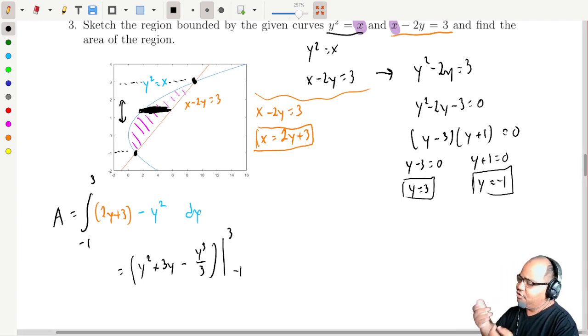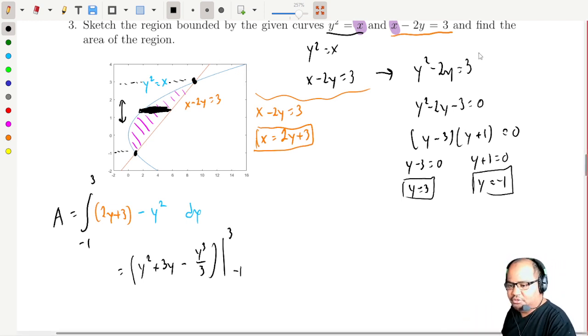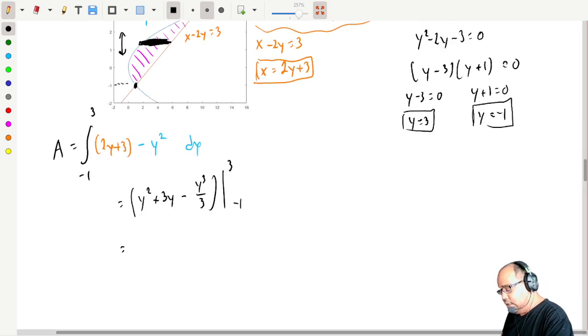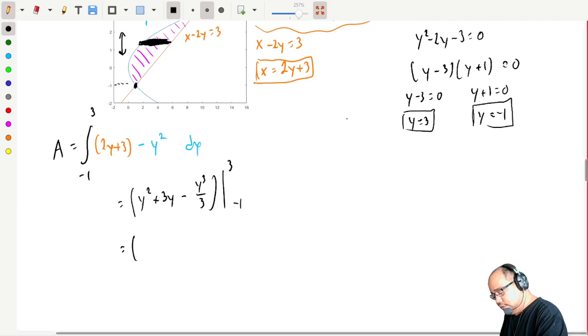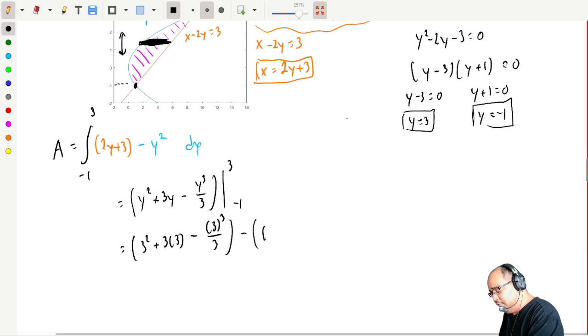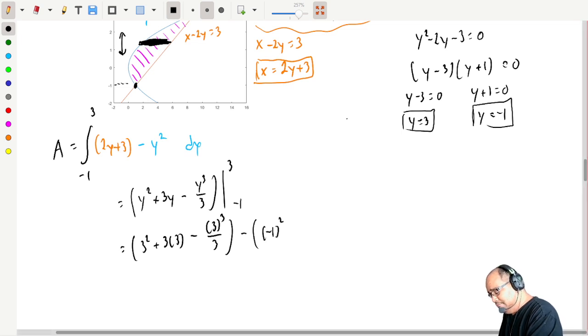And it's always a good idea when you do these problems, when you're first starting out, to write down what you should type into your calculator. That way there are no mistakes of user error here. So we'll have 3 squared plus 3 times 3 minus 3 cubed over 3. Lots of 3's there. And now minus, this is where we've got to be careful, negative 1 squared plus 3 times negative 1, then minus negative 1 cubed over 3.